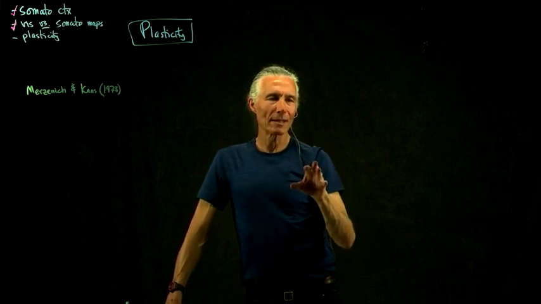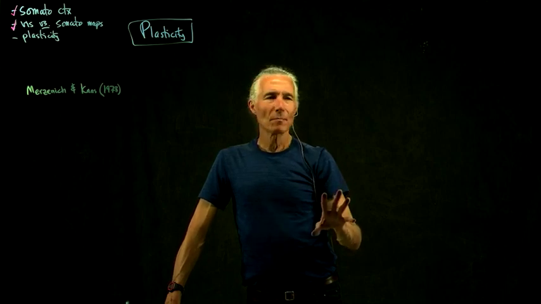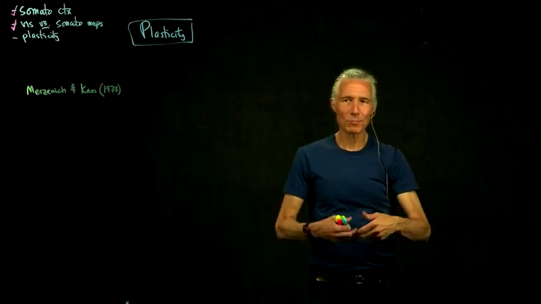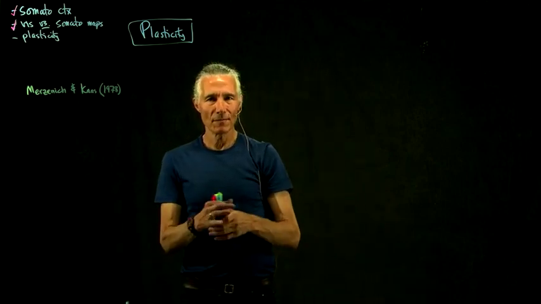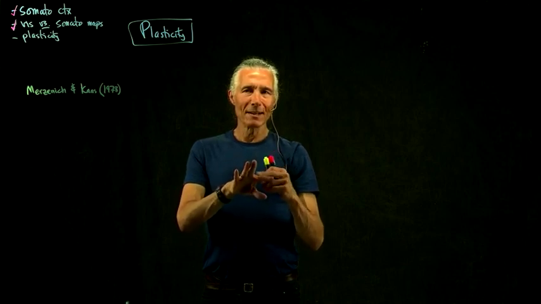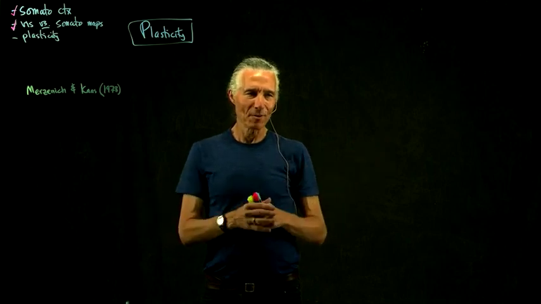It's very good to go back to that paper because it's kind of easier to read in a way than more recent papers. That's where they figured out there are maps all over the place, complicated maps with little patches. That's where they originally figured out that business about area 1 intercalating the hairy part in between the top and the bottom of the finger, for God knows what reason.